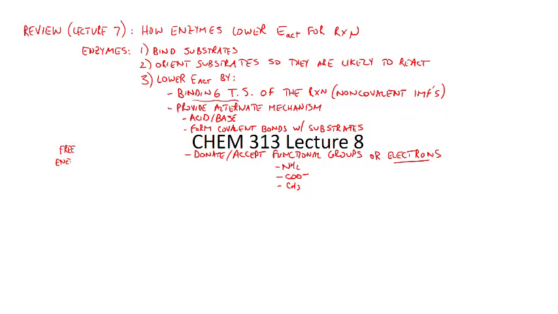So we can imagine a situation where in the absence of an enzyme, our substrate would have this much free energy. We go over this energy barrier and our product would have this much free energy. Using an enzyme is more complicated, but typically what happens is we replace the big internal hill with a couple of smaller hills.